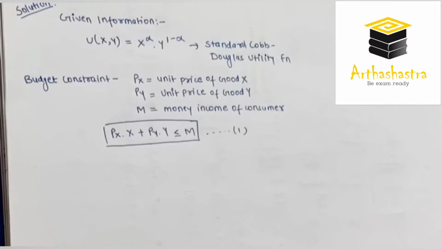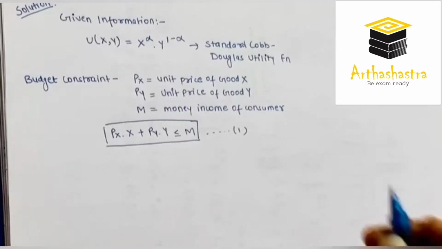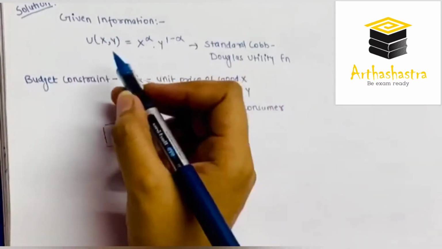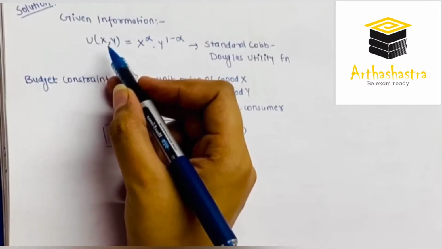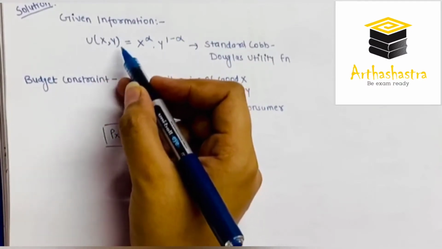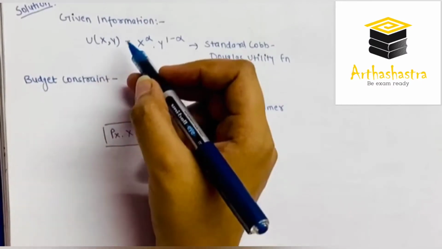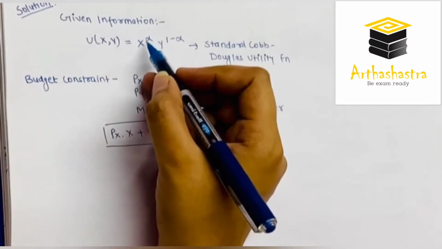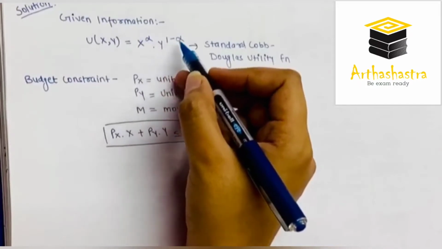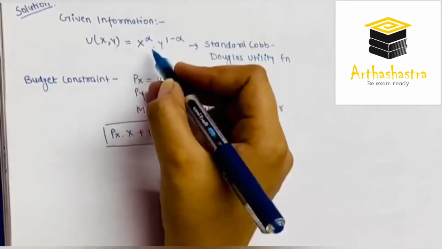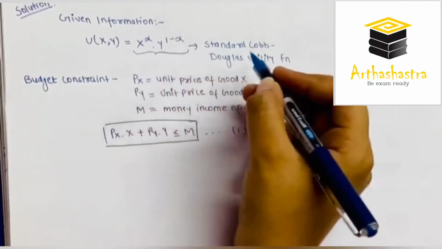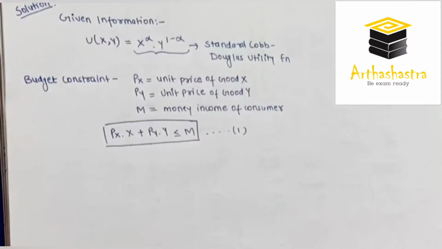So our first step is to write down the given information in our own language. I have written the given information: u, a function of x and y, where x and y are two goods that a consumer consumes, equals x raised to the power alpha times y raised to the power 1 minus alpha, and this is a standard Cobb-Douglas utility function.